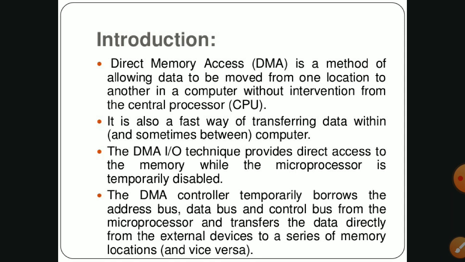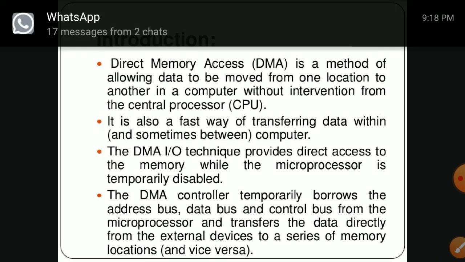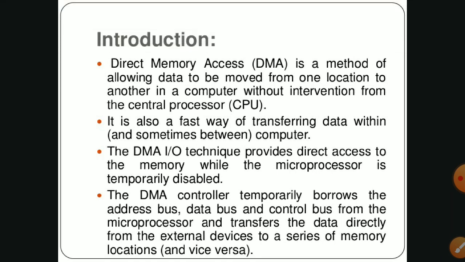See, in every type of IO transferring technique, why is the CPU involvement there? CPU involvement is required because all the buses are under the control of the processor. Whenever the buses are released by the processor, only then can they be used for the IO transfer.